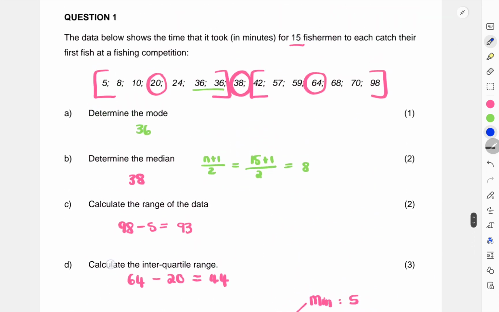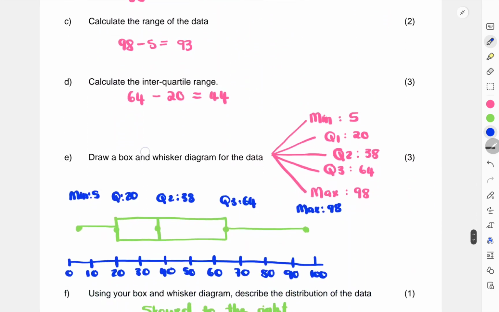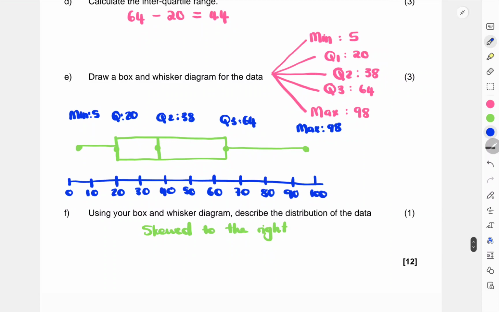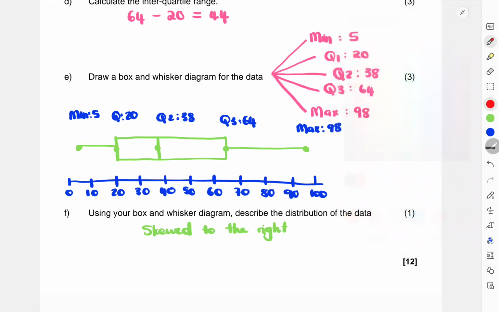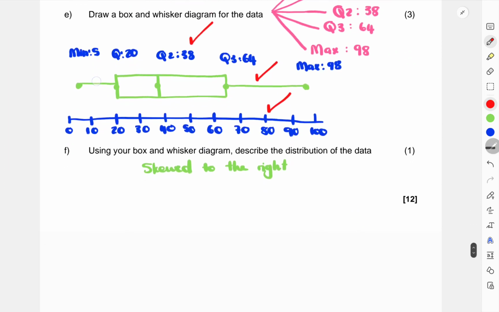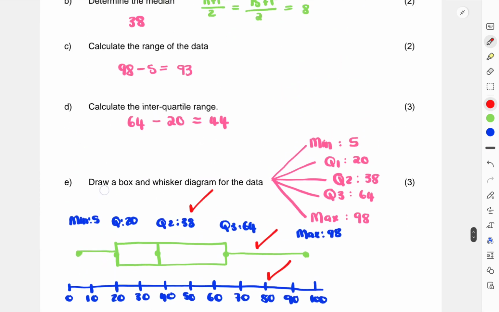Just want to quickly make sure, that was 38, yes, 64. And there you go, all your headings nicely present. Normally I would give marks for your headings, your number line, and the shape of your box and whisker. Okay, easy peasy. And I think that was the last question.